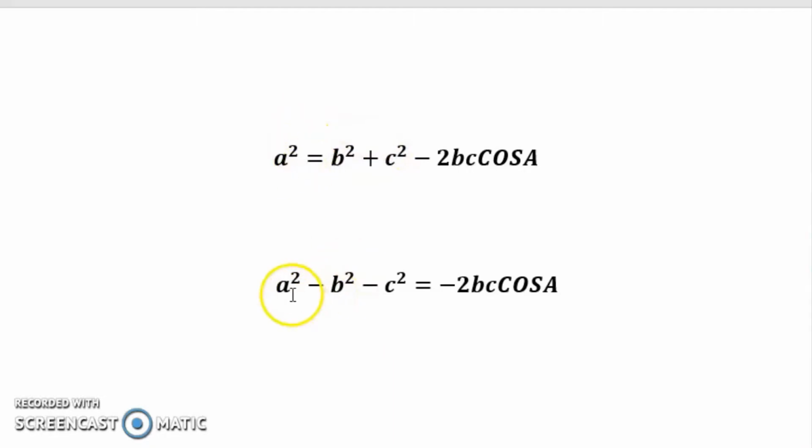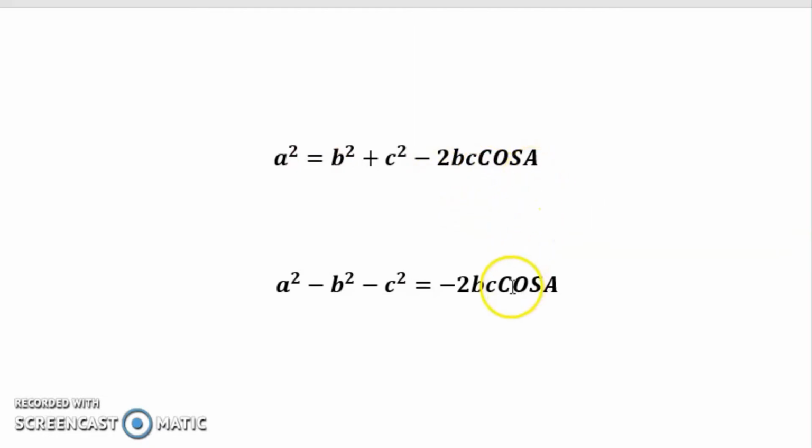So it becomes a squared minus b squared minus c squared. If plus b squared is coming here, it becomes minus b squared. If plus c squared is coming here, it becomes minus c squared, which is equal to minus 2bc cos a.